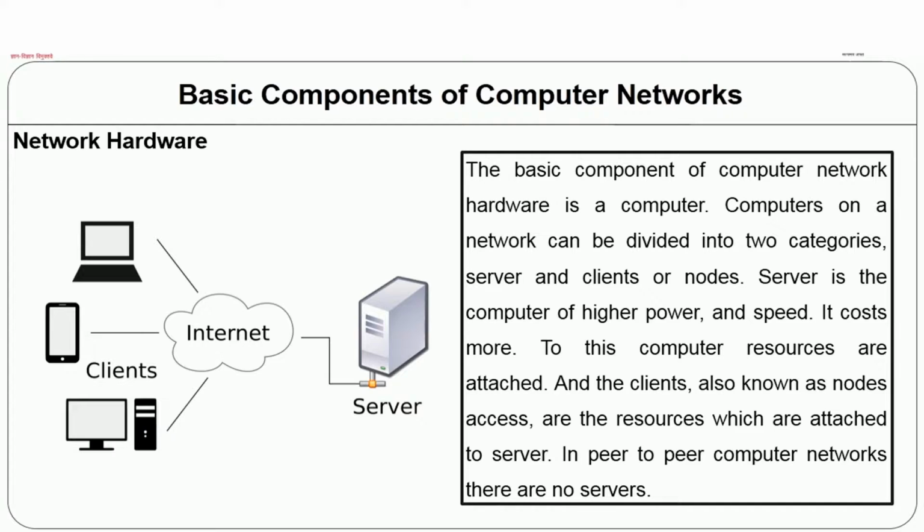A server is a computer of higher power and speed. It costs more. To this computer, resources are attached. The clients, also known as nodes, access the resources which are attached to the server. In peer-to-peer computer networks, there are no servers.